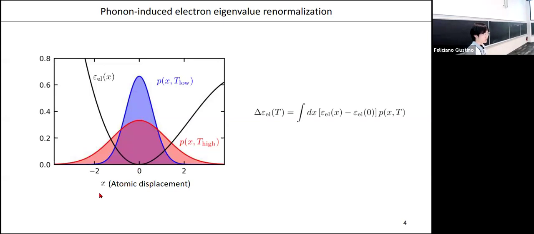Suppose you have a variable x which describes the atomic displacements or the phonon amplitude. And at zero, the equilibrium coordinate, the electron eigenvalue will be a fixed value.